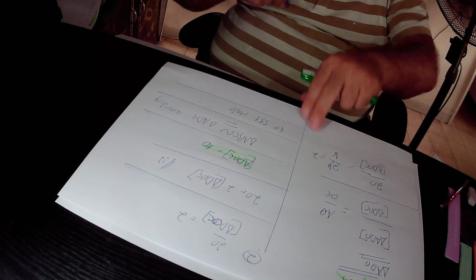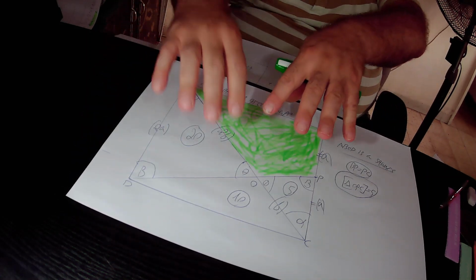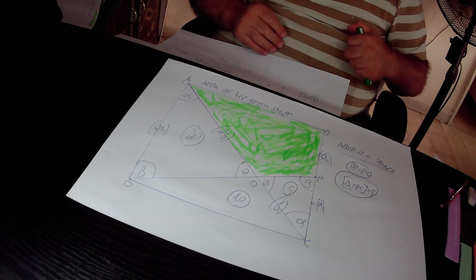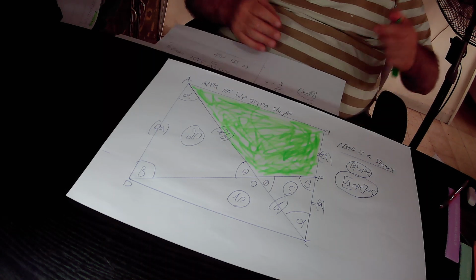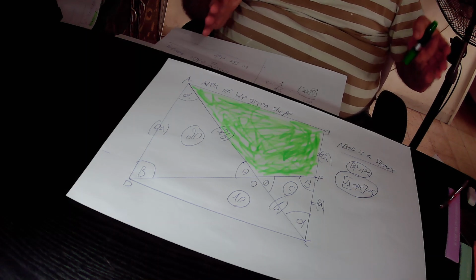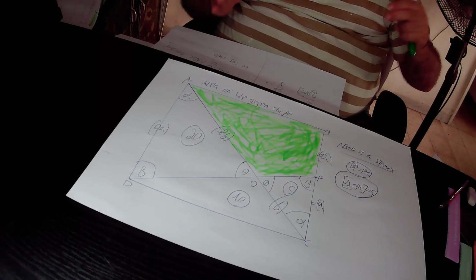And from the fact that those two right triangles can go into each other, we will derive that they also have the same areas. Any two triangles that can go into each other must also have the same areas.